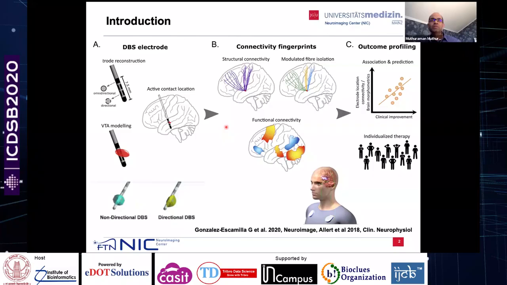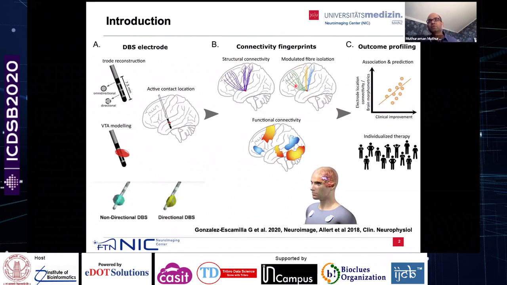And what we do is that when we have this active contact location, as we call it, in the brain, then we look at different connectivity fingerprints. We differentiate this connectivity into two: structural, meaning anatomical connectivity, which is present in the brain, and functional connectivity, which means that you do a certain task and then some regions light up and some regions don't show any activity.